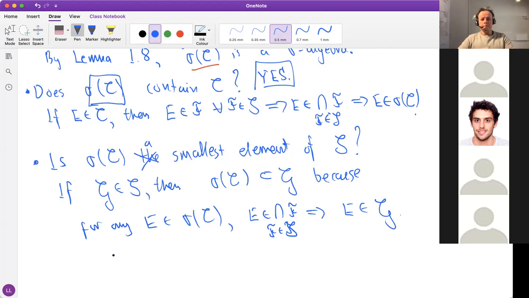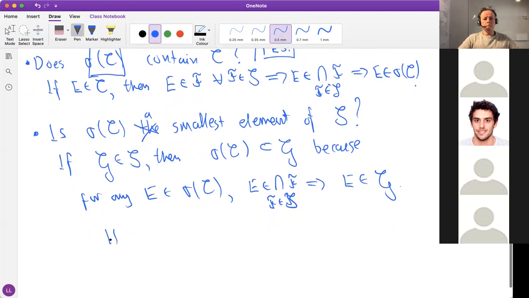And hence, for any G, this sigma C is contained in G, so that means that sigma of C is the smallest. Is it a smallest or the smallest?